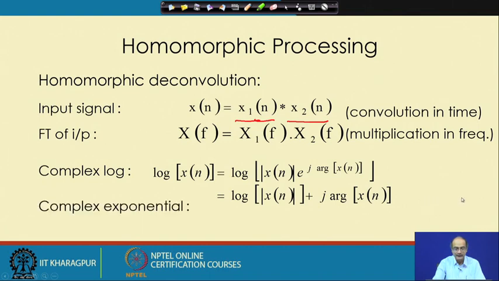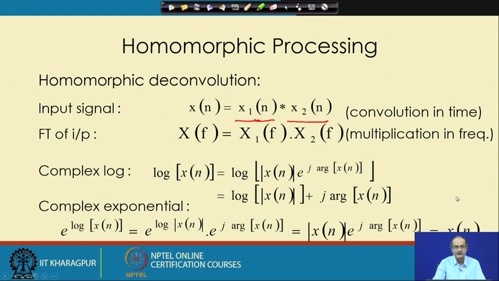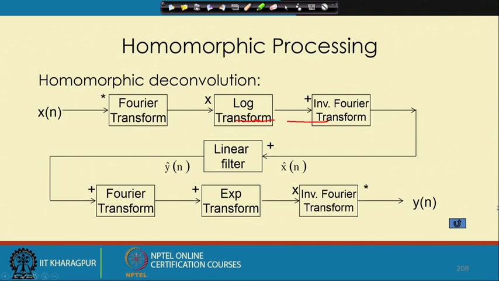Then we also need to take the complex exponential in this whole process, because we need to come back to the original domain. We need to cancel the effect of the complex log, and if we take the complex exponential of the complex log of the quantity, we get back the same output. Okay. And now, we look at the overall system.